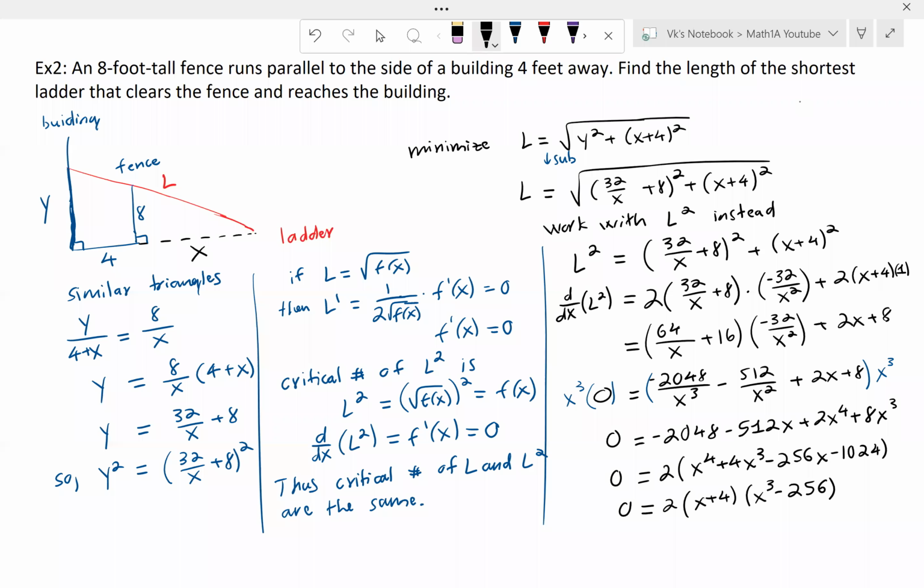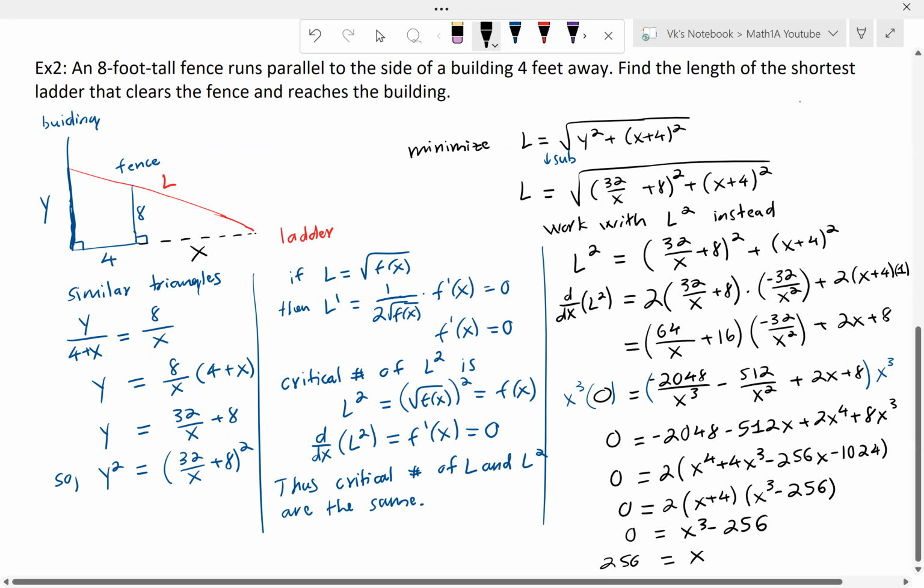So x plus 4 cannot equal 0, because x is a distance and distance cannot be negative. So the only thing that can be equal to 0 here is x cubed minus 256. So x would be 256 to the power 1 over 3.